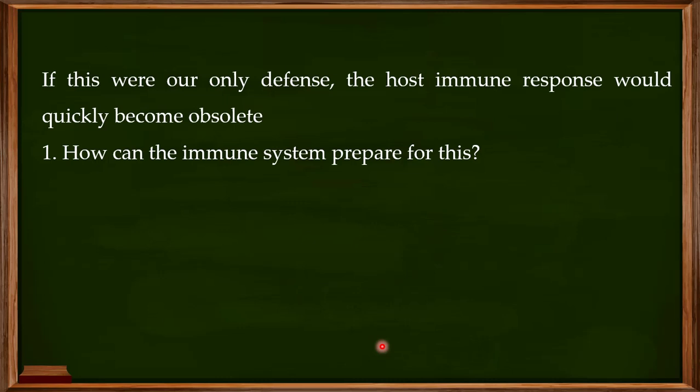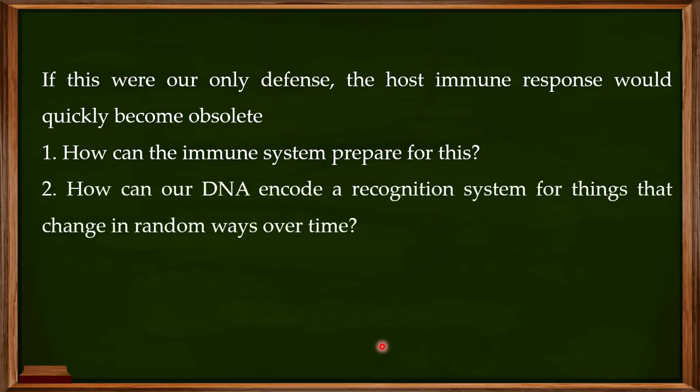If the pathogen is evolving, how is the immune system preparing itself to co-evolve and counter the new PAMPs produced by these pathogens? Secondly, how does our DNA encode a recognition system for something that changes in random ways over time? How does our DNA evolve itself to come in contact with the new PAMPs produced by these pathogens in the process of evolution?